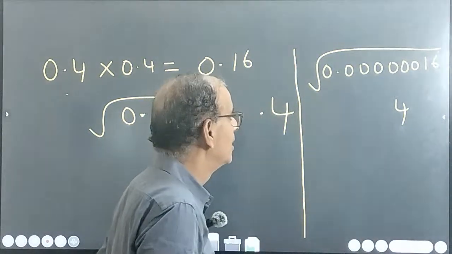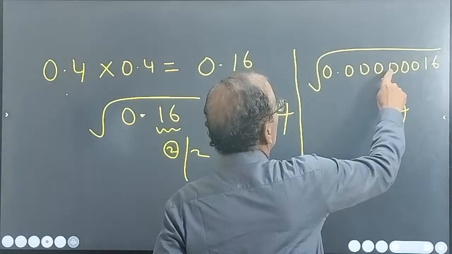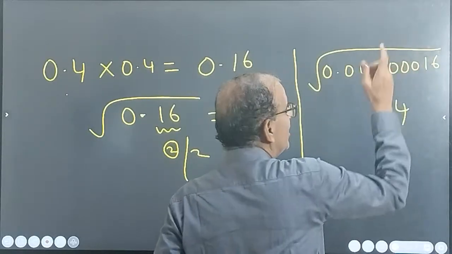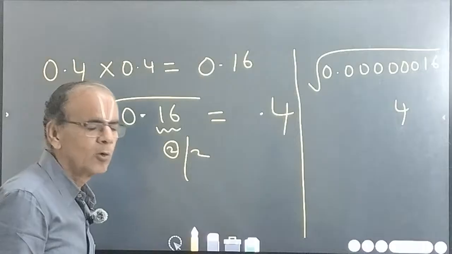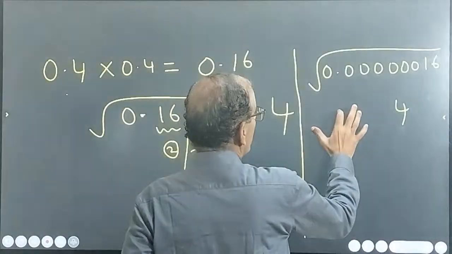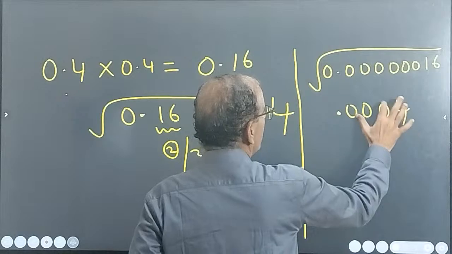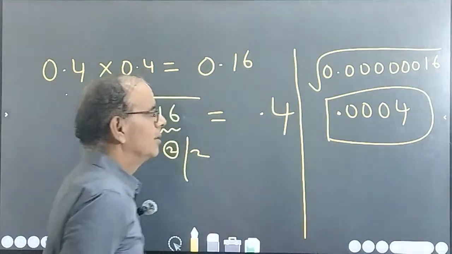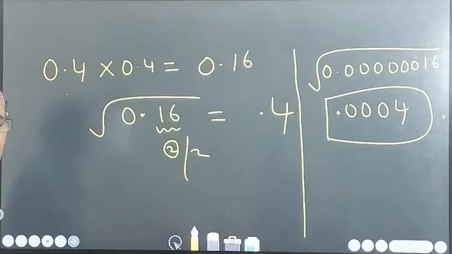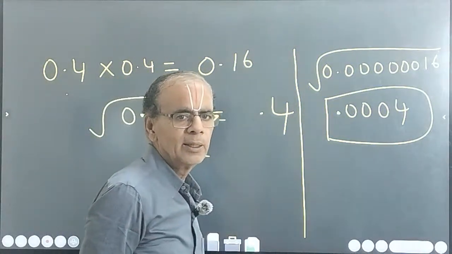After the dot, how many digits are there? 1, 2, 3, 4, 5, 6, 7, 8. 8 divided by 2 is 4. So you keep the dot here. 1, 2, 3, 4 digits on the top. What is the answer? This is the answer. Within 1 second, you can find the answer.